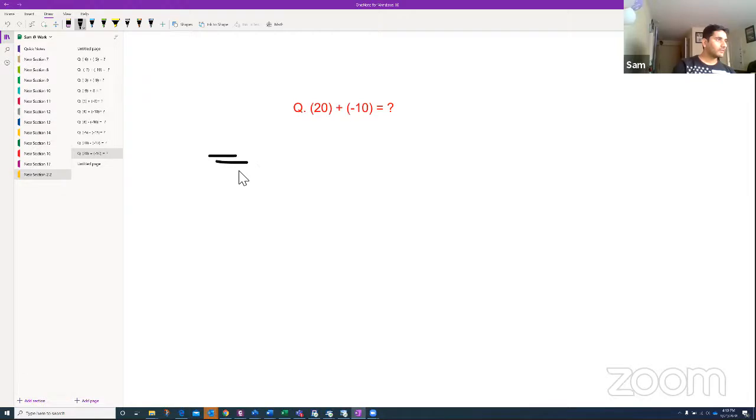Let's see if we get an answer for this one. We have an addition of positive 20 and negative 10. We add both together. See what is the answer.